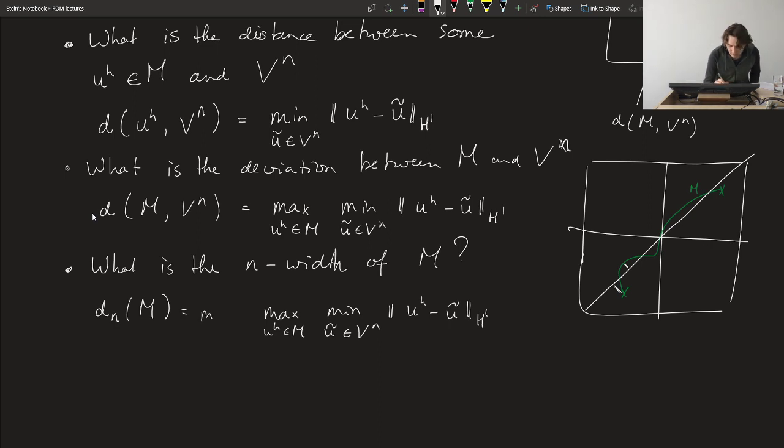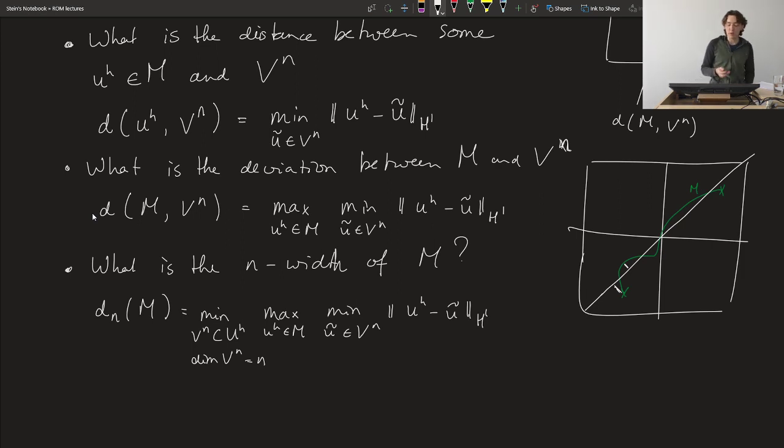So this is going to be the minimal deviation for all possible subspaces Vn as a subspace of Uh, where the dimension of Vn is n. Yeah? So for an n-dimensional subspace of my complete solution space, what is the minimal possible deviation that I would have.